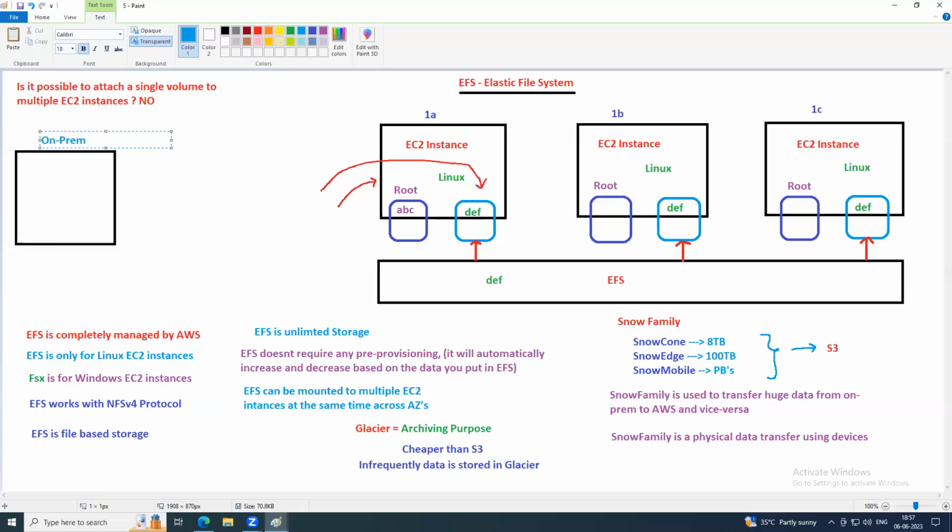PB full form is petabytes, Akshay. Guys, what is on-prem? On-premises and on-prem, both are the same? Yes, both are the same, Babu.